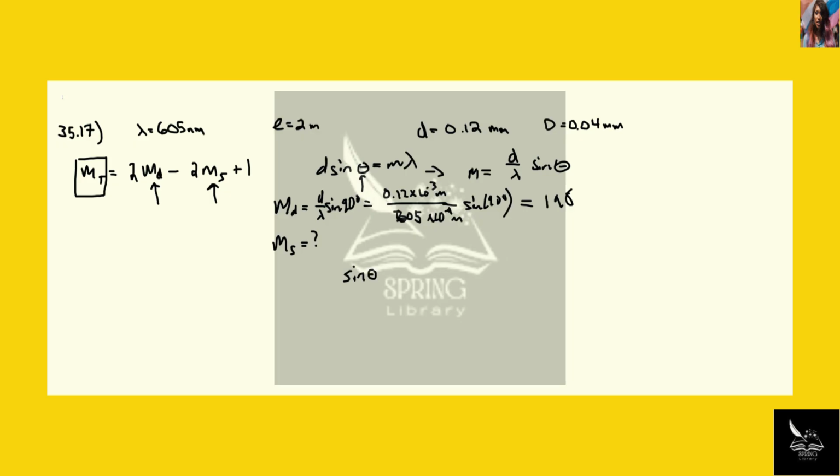For the single slit diffraction, we're going to have sine theta equals M prime lambda over big D, the slit width. And we can set this equal to the other diffraction to see how many of these are going to correspond with each other. So this is also equal to the same sine theta as before, so that's m lambda over little d.